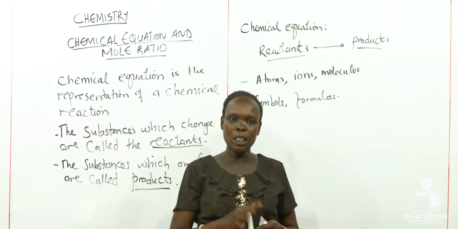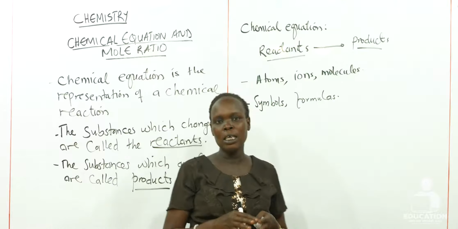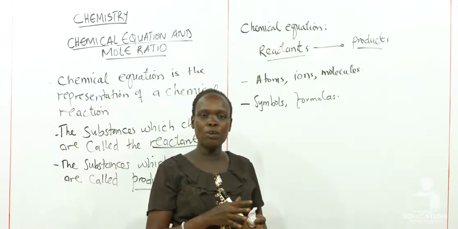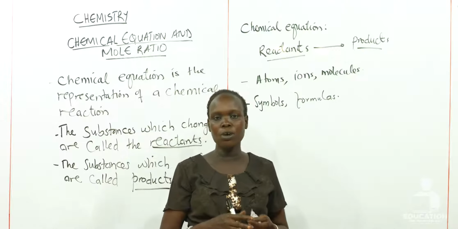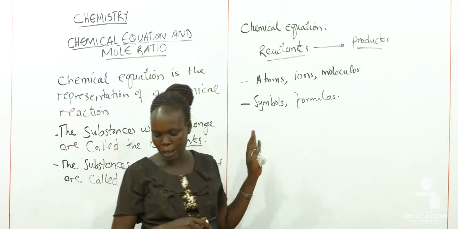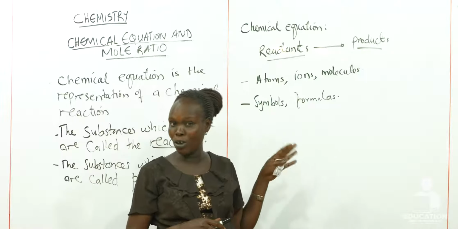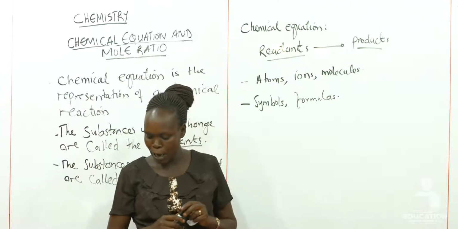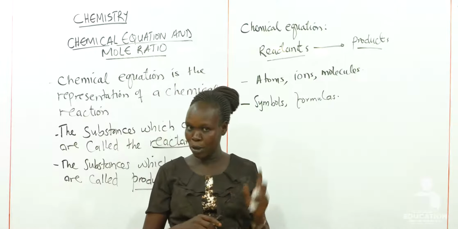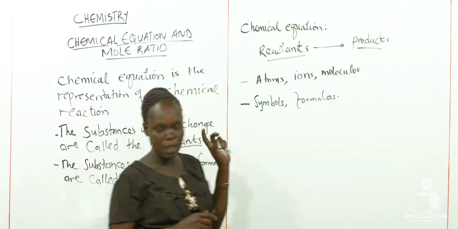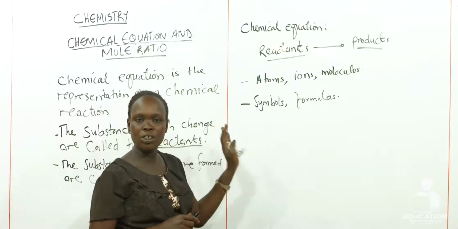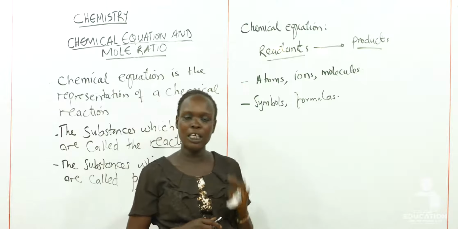Each symbol is well known to any scientist or chemist who is dealing with chemical reactions or chemical equations. So we have seen that this can be represented by either symbols or formulas. A chemical equation is an expression in symbols. We have to remember that a chemical equation is the representation of a chemical reaction.